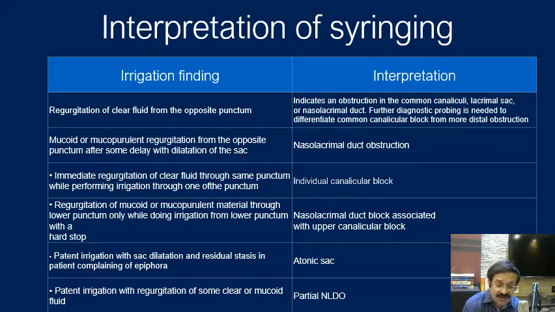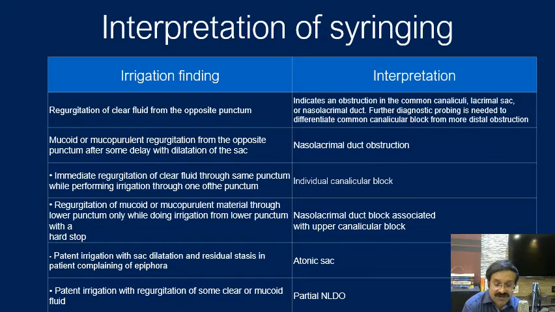Now if it's in the common canaliculus, it will definitely be a clear fluid each and every time you do that. If it's in the sac, you might have some amount of mucopurulent fluid, after which it's a clear fluid. And if it is deep down in the nasolacrimal duct, it will usually be a fair amount of mucopurulent fluid first coming out of the opposite punctum, and then you have the clear fluid coming out.